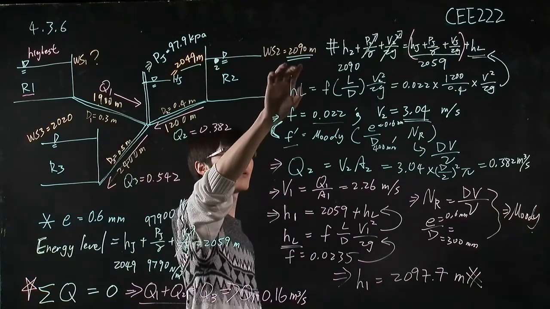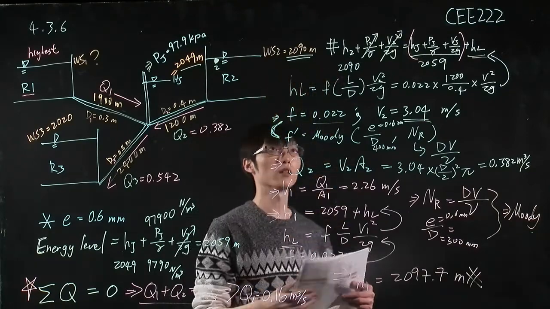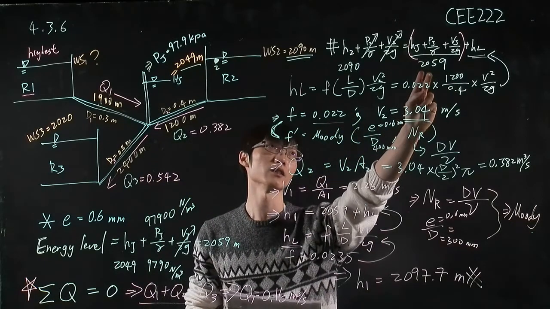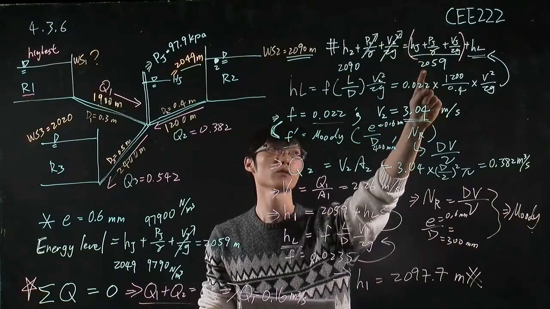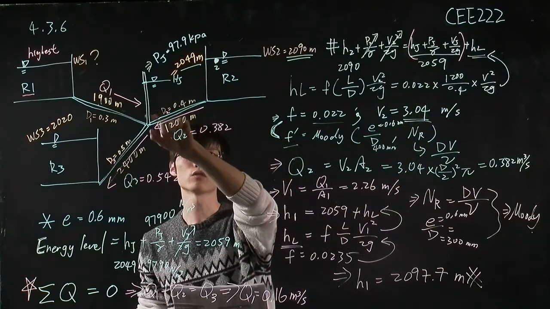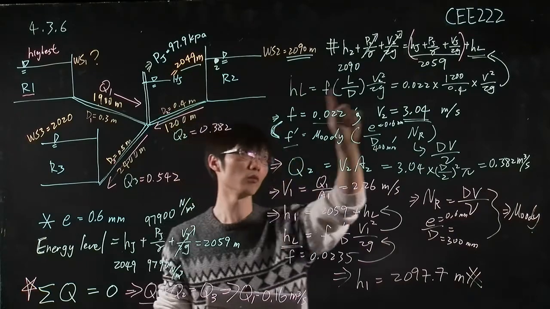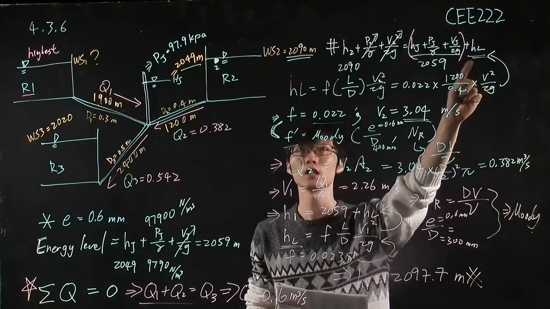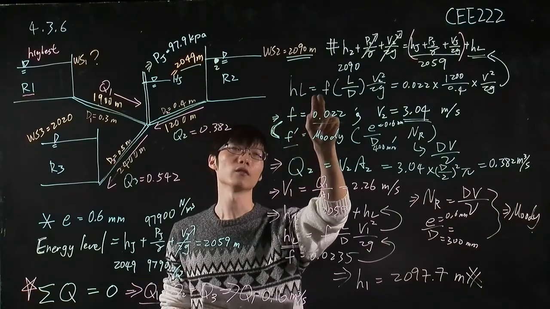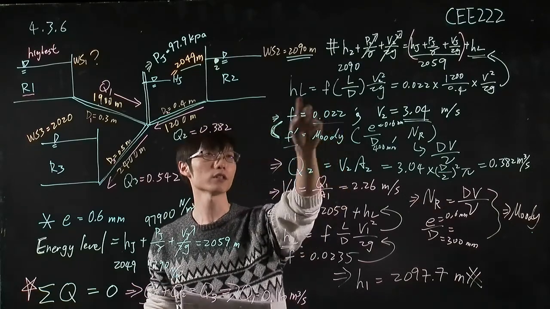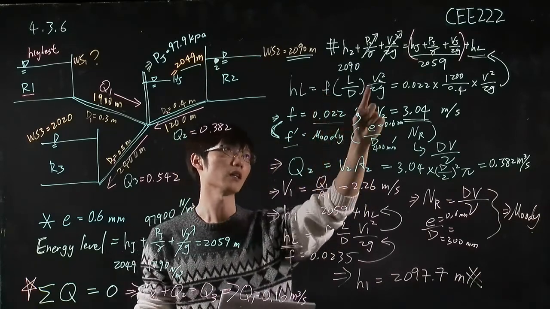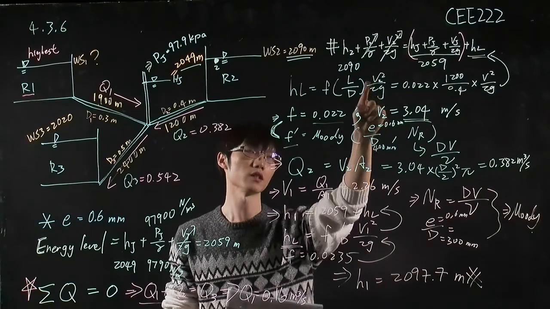We can use the energy balance equation as I wrote down here, and we already know the energy level for the junction, which is equal to 2059. But to balance these two points, we have an additional term, which is the head loss, and this head loss is contributed by the friction head loss. In the friction head loss equation, we need the factor f, and we also don't know the velocity.